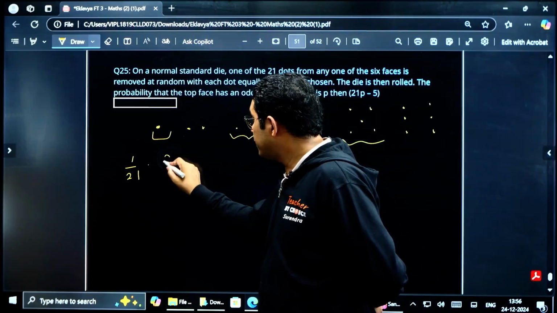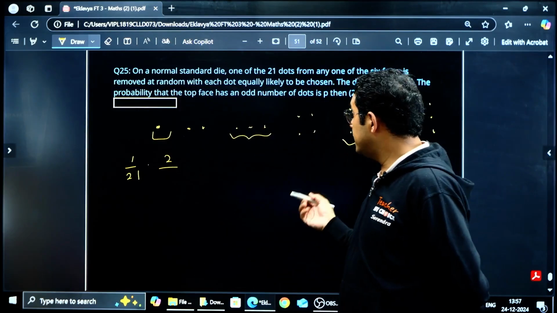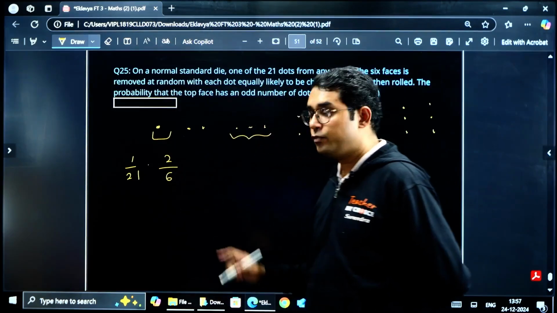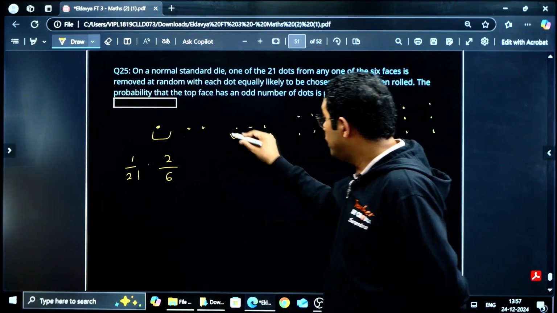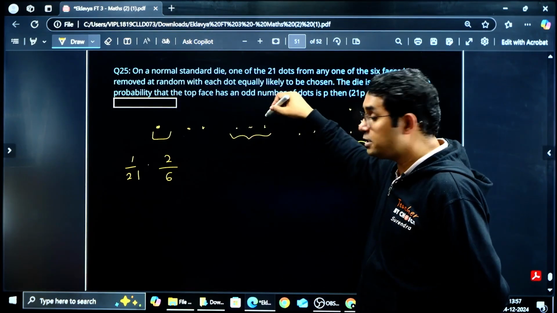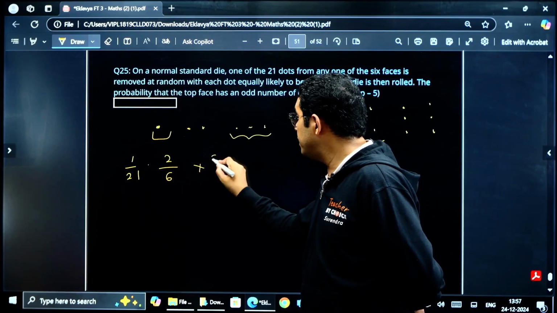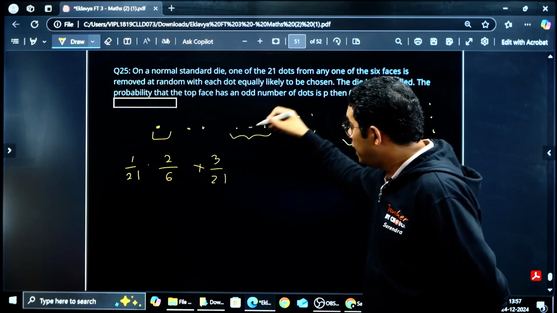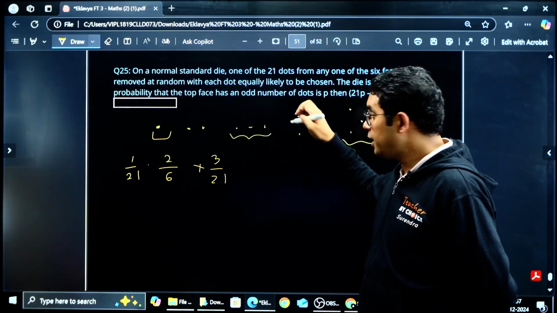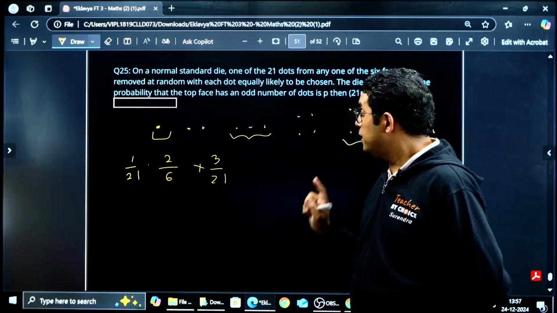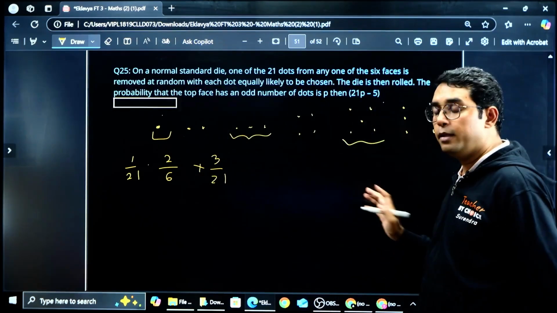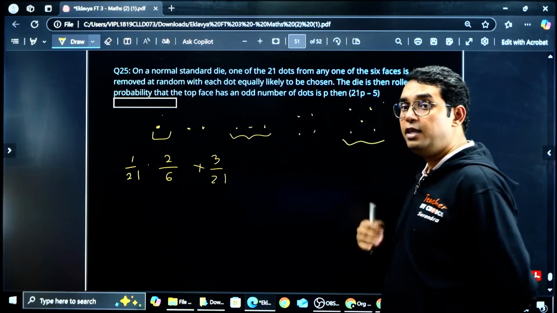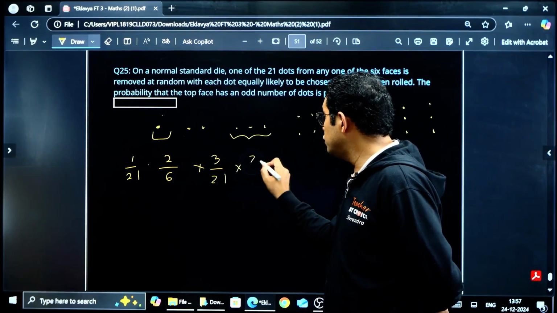So the probability of getting an odd number on the dice will now be 2 upon 6, for this 1 upon 21. Now the same would be the case if you have chosen 3 dots from this to be removed, whose probability will be 3 upon 21. If 1 dot is removed from here, then the remaining dots would be 2 here. Then faces with an odd number of dots would be this and this only. All others would have an even number of dots. So here also 2 upon 6.